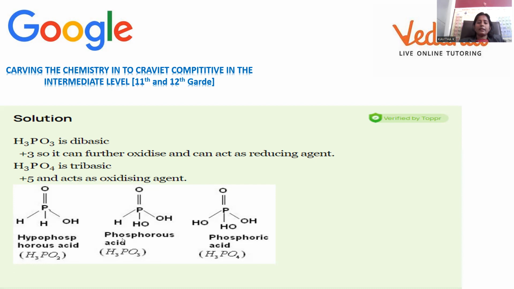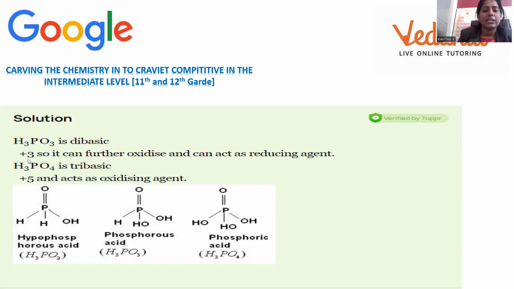Here in phosphorus acid, the central phosphorus is in the +3 oxidation state, right? So +3 can be converted into +5. A higher oxidation state is also possible for phosphorus, no? So it will release the electrons, and there is a possibility to work like a reducing agent.